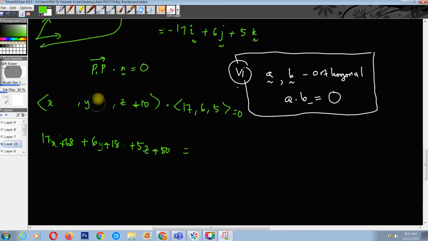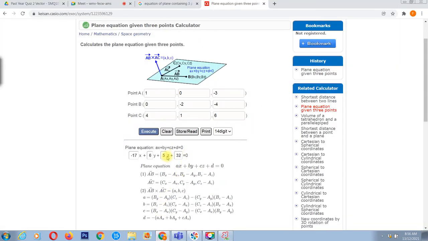If 1, 0, -3, there is 1, 0, +3. So -70 plus 0 plus 15. How to get 32 here?